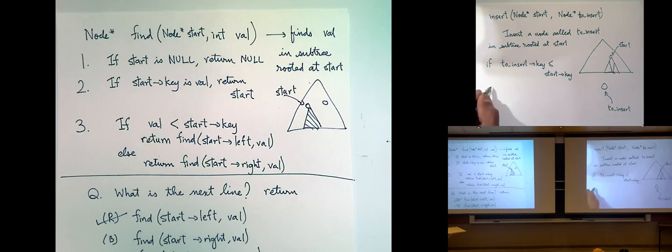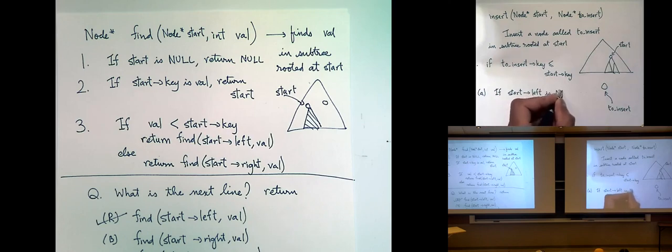So what is the base case here? Well, you have this if condition, and I'll say this is 1A: if start arrow left is null, then you've discovered an empty spot where you can now insert this node.